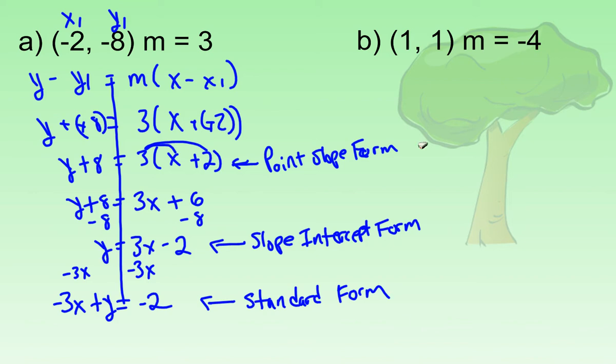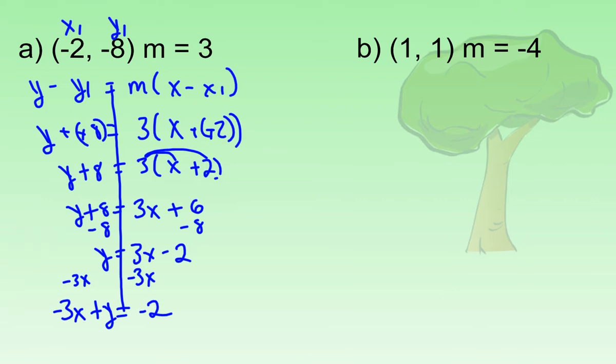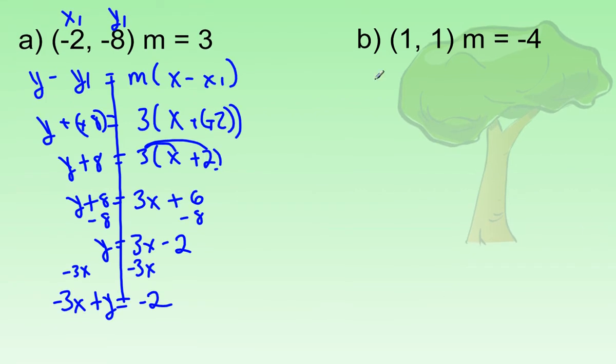Okay, I'm going to erase this stuff in the middle because I'll need the space to do the letter B here. Letter B. Same thing. So I'm going to start with point slope form, change it to slope intercept form, and finally standard form. Point slope form starts with y minus y1 equals m times x minus x1.